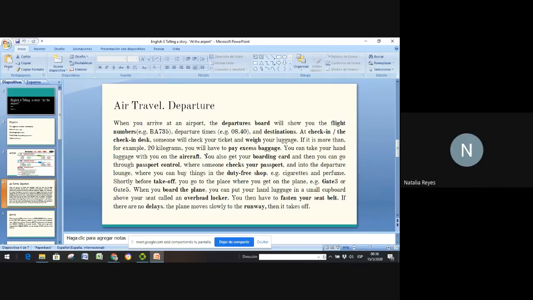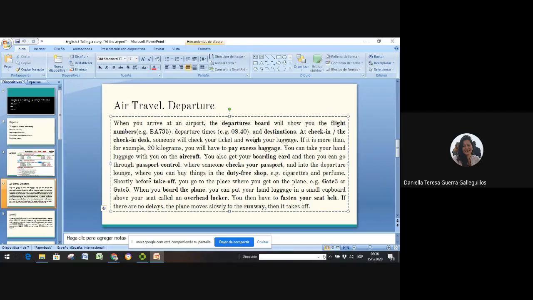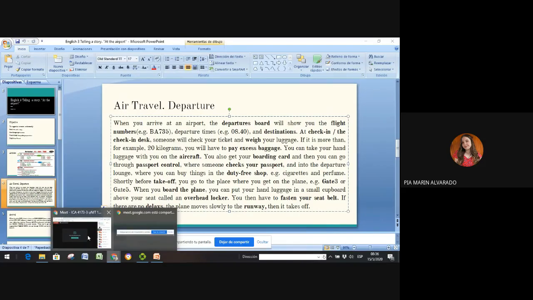You also get your boarding card and then you can go through passport control where someone will check your passport and into the departure lounge where you can buy things in the duty-free shop, cigarettes and perfume. Perfume. That's right. Continue, please. I will have to see it again.